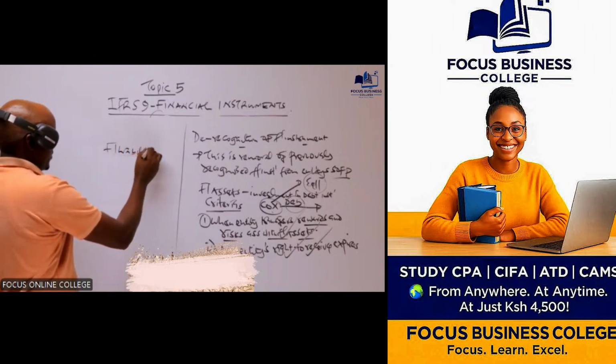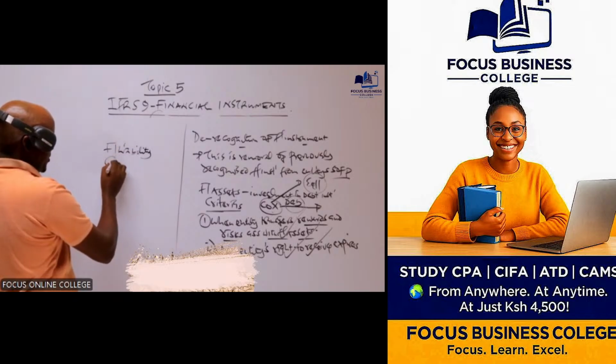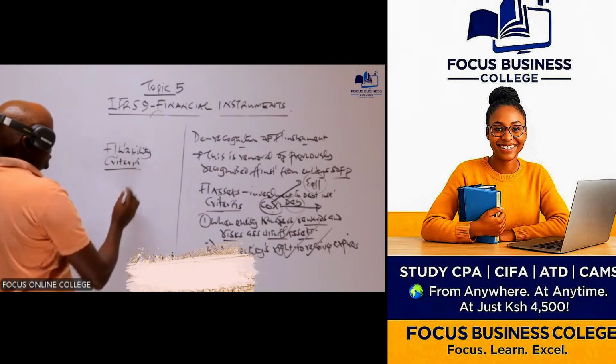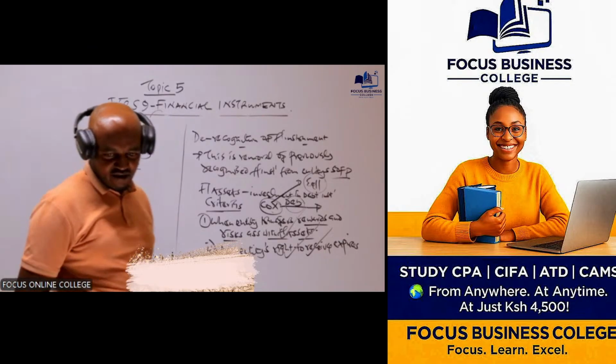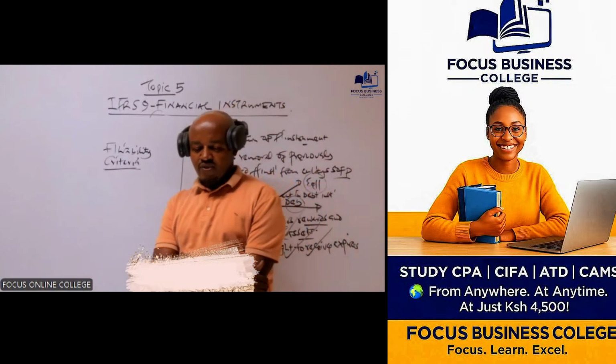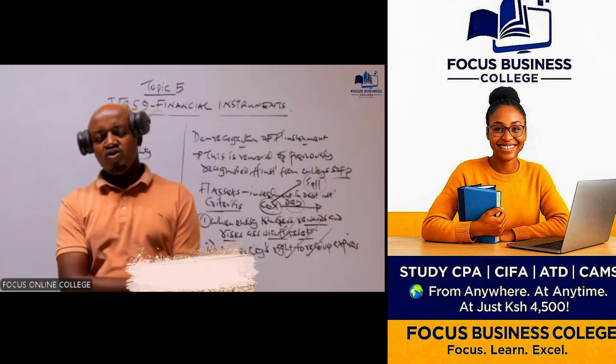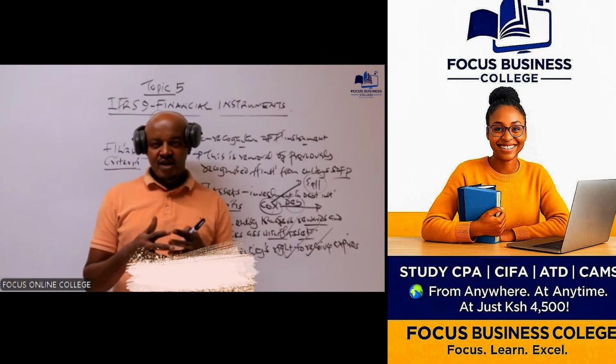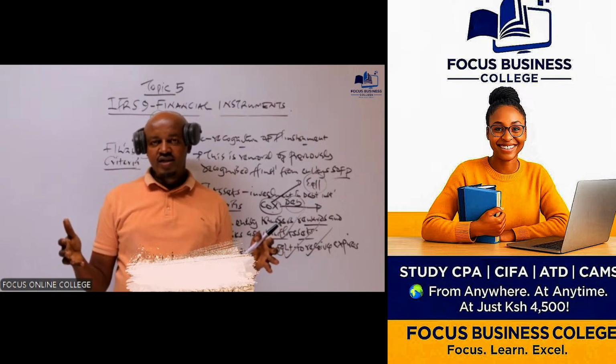the criteria for recognizing a financial liability. What is a financial liability? A financial liability is an obligation to pay cash. An obligation to pay cash generally arises whereby a company has issued debt securities.